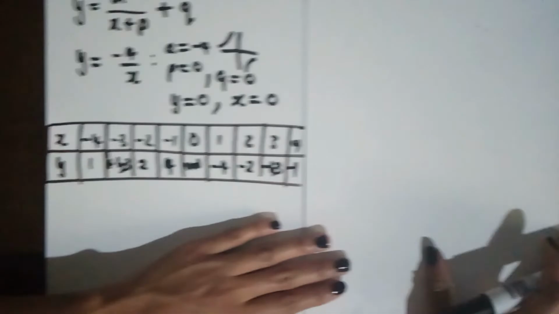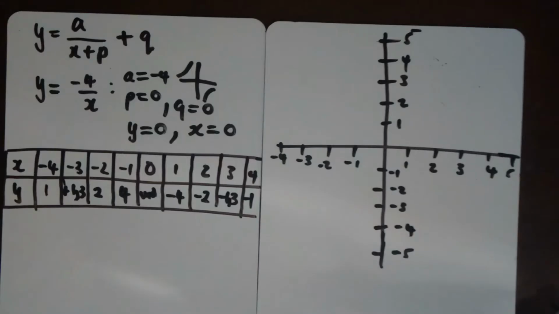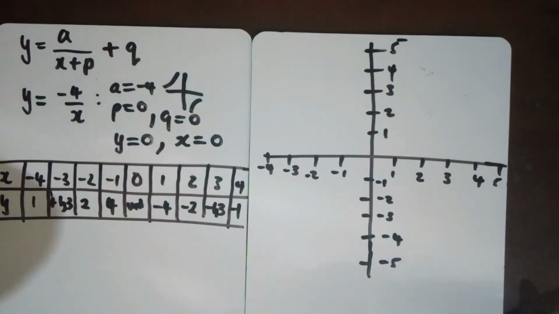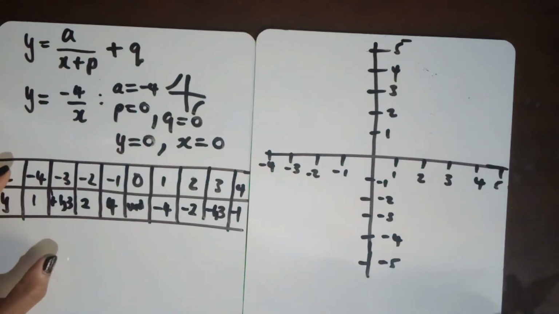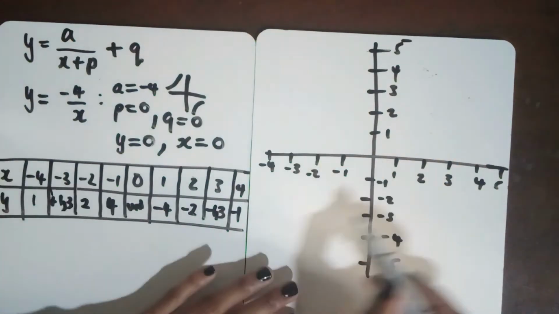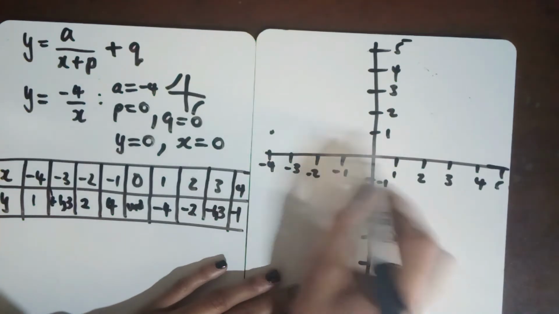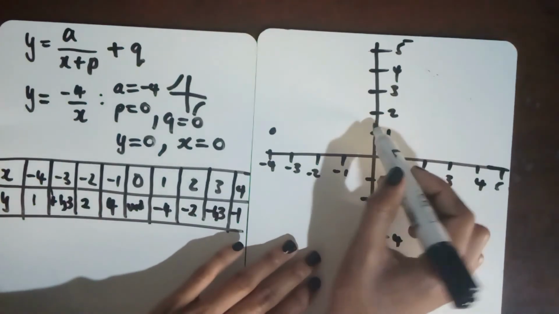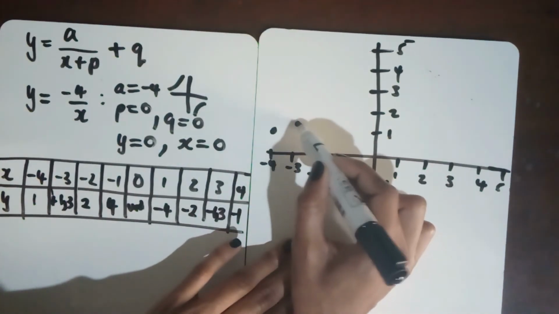And then we can just draw the Cartesian plane quickly. So now I've just drawn my Cartesian plane, right? So now we have when x is -4, y is +1. So it's here. Somewhere there. If x is -3, my y is 1.3, so 1.3 will be somewhere there, perhaps, right?